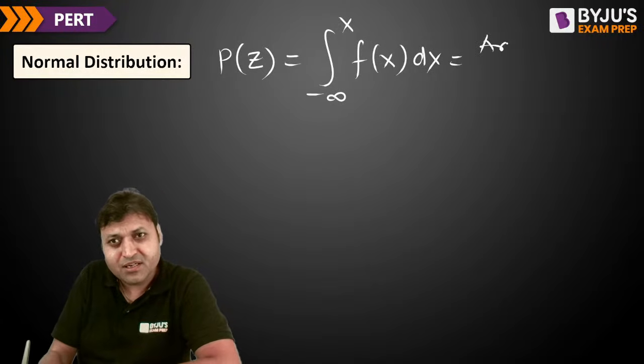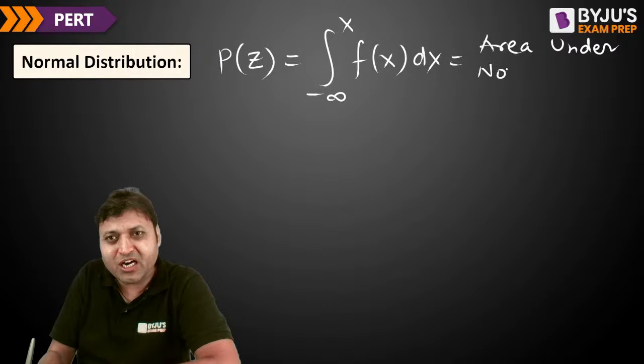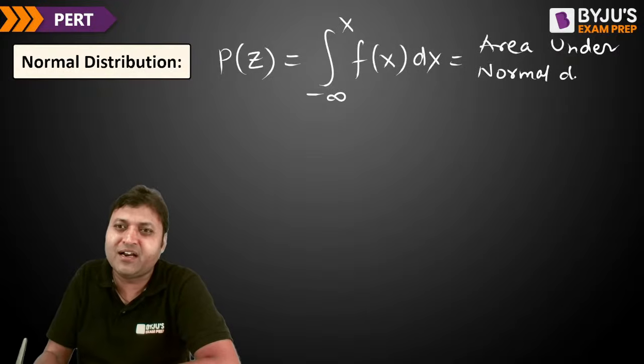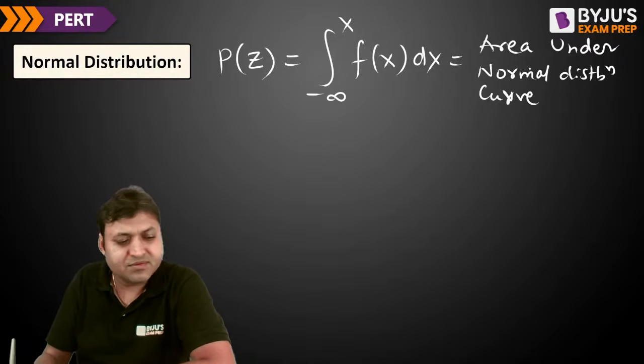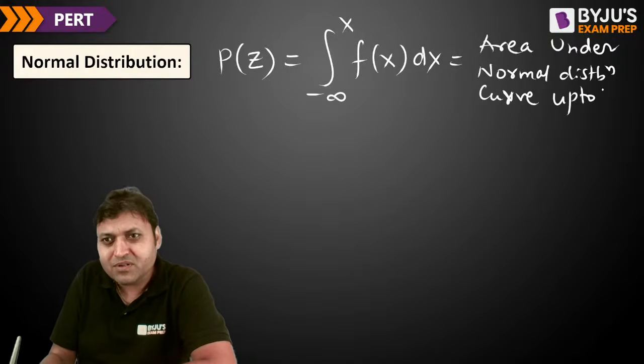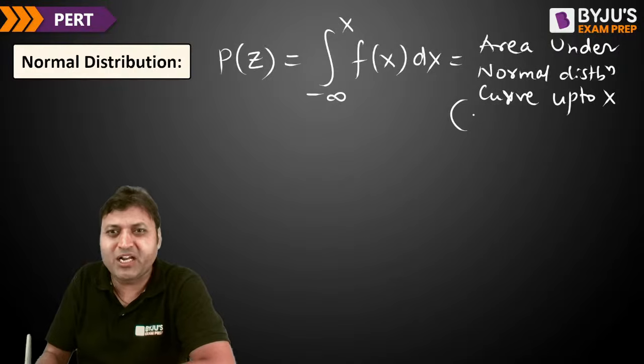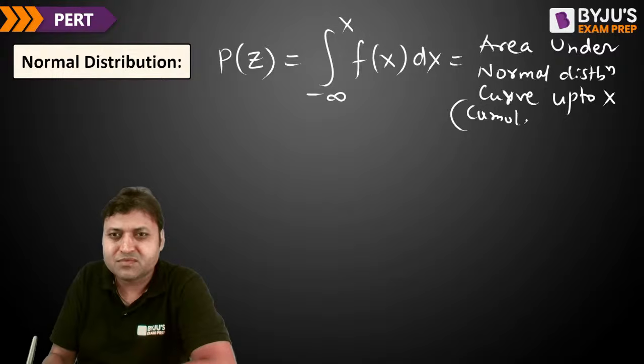This is the area under the normal distribution curve up to x. It is also called cumulative probability.